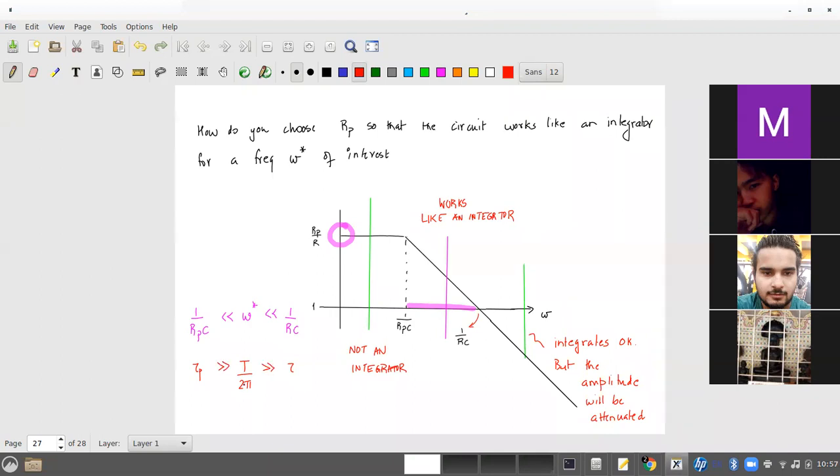This 2 pi is not really critical, but just in case you want to be correct. So there is a lot of intuition one can derive from this. Let's look at that again.